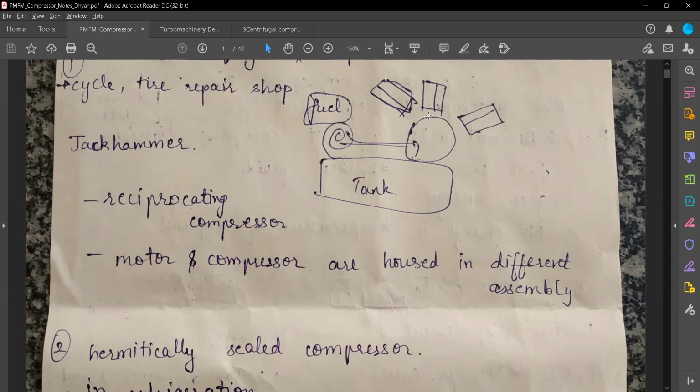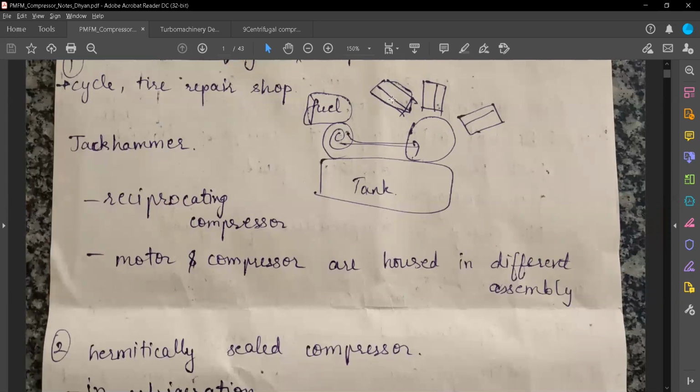And there are many different numbers of compressing volumes that will take in air. Here we have seen three chambers which will compress my volume. Here is the transmission section from where my rotary motion from the engine is being converted to a motion which is helpful for the compression of air.